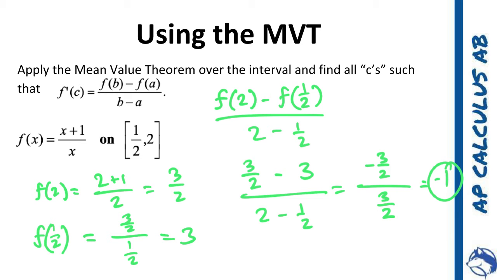So now what we have to do is find all of the points where it's equal to that slope. So on a new page, I'm going to write my equation. f of x is equal to x plus 1 over x, and my slope was negative 1. So what I'm looking for is, can I find any f prime of x where it's equal to a negative 1?